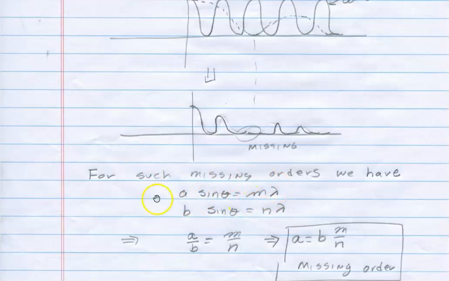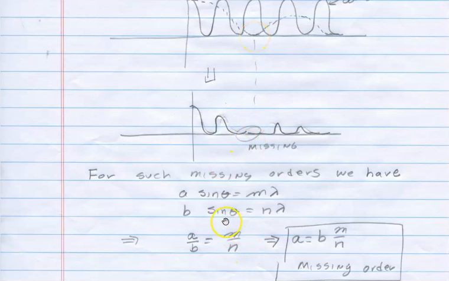Remember that was our condition for the maximum, and the minimum, if you go back and look, was this for the diffraction by a single slit. We have this, and I can get things to conspire just so that at the same angle theta here, I get a maximum for one and a minimum for the other one.